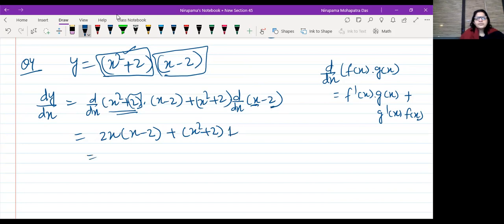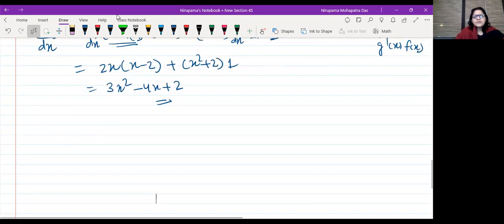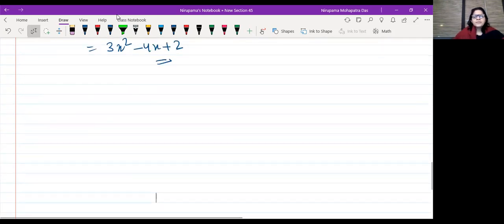So we are getting 2x square plus x square, 3x square minus 4x plus 2. That's it. So you can use either the product rule or the quotient rule. Let me take some more questions also, so that you really can be confident.